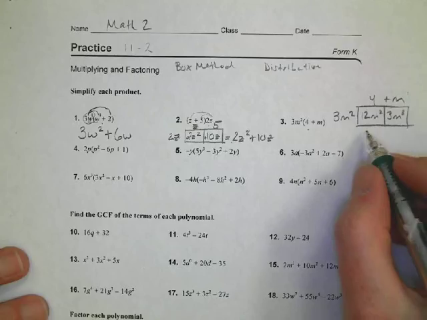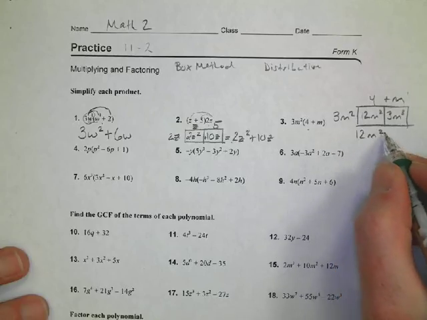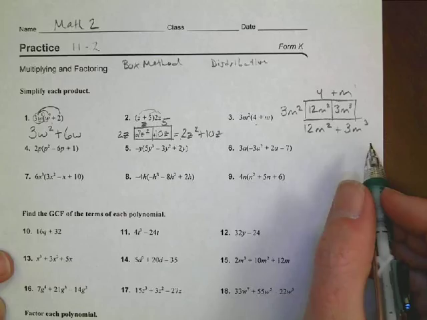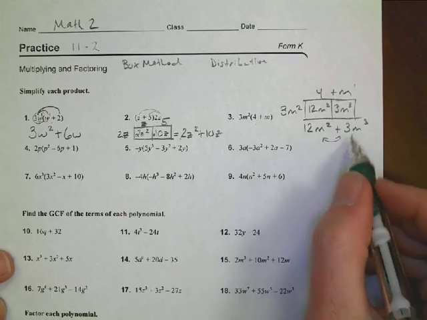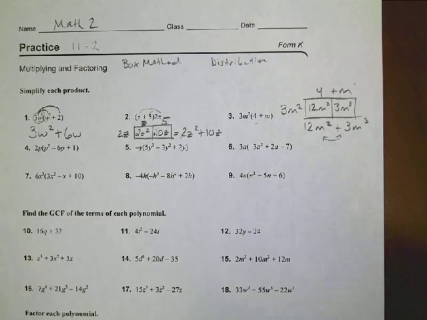So I end up with 12m squared plus 3m to the third. Your teacher may want you to write that in standard form. If that's the case, you would change the order to put 3m to the third plus 12m squared. I'm not sure what they've asked you to do.